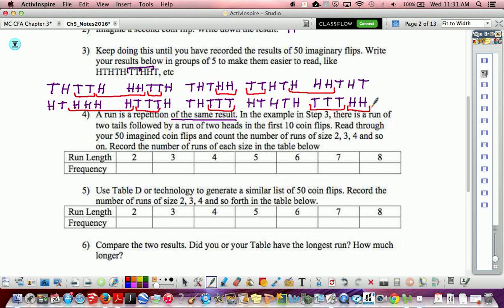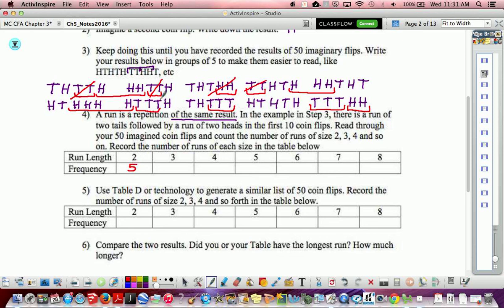Once you have counted or noted all the different runs, count how many runs of length 2, 3, 4, 5, 6, 7, 8 you have. So here's a run of 2, 1, 2, 3, 4. I had 5 runs of 2.